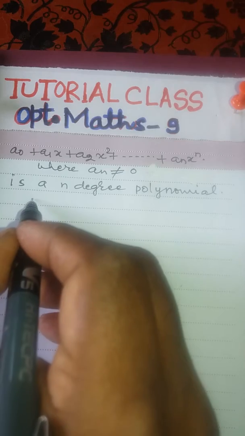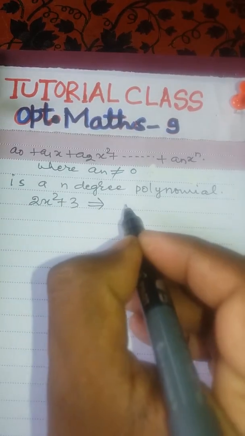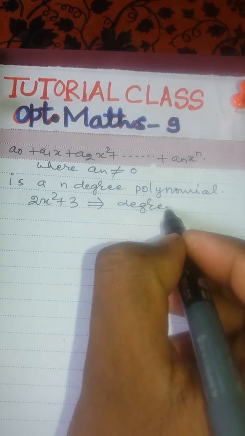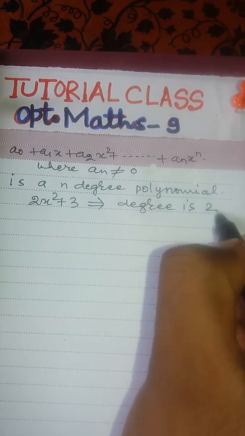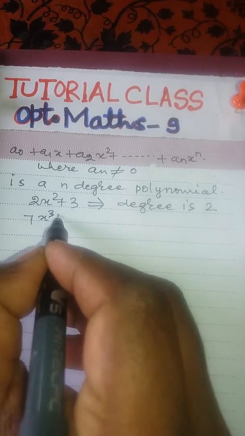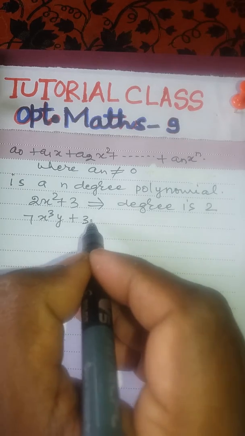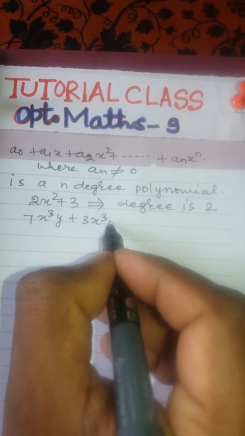So we can take many more examples of polynomials. See here, 2x squared plus 3. What is its degree? Degree is 2. 7x cubed y plus 3x cubed.